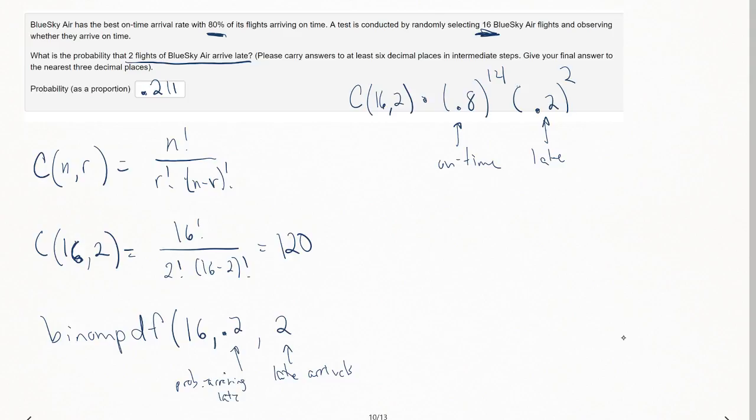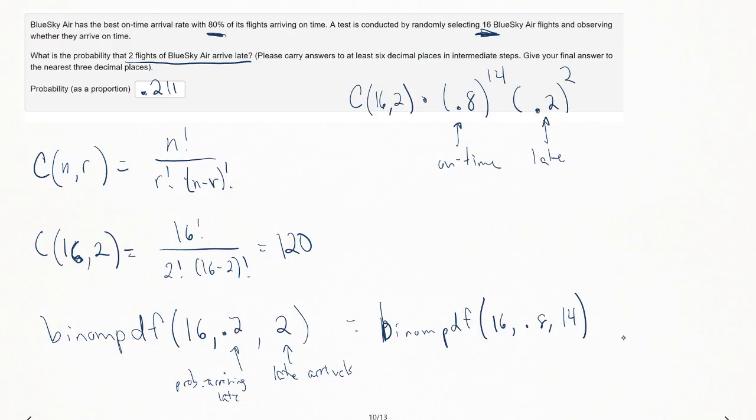If we put 0.8 there, this would also be the same thing as binomPDF. We could put 16. If we put 0.8 here, we need to figure out the number of on-time arrivals. Well, that would be 14. So the PDF case is when we have equality. So this is 16, I'll do the 0.2 and 2.